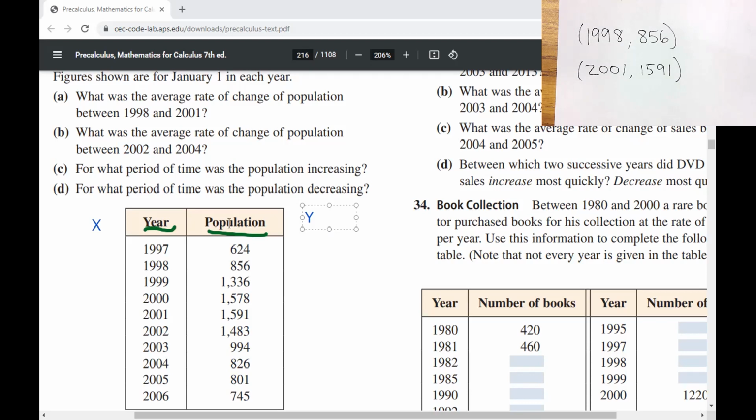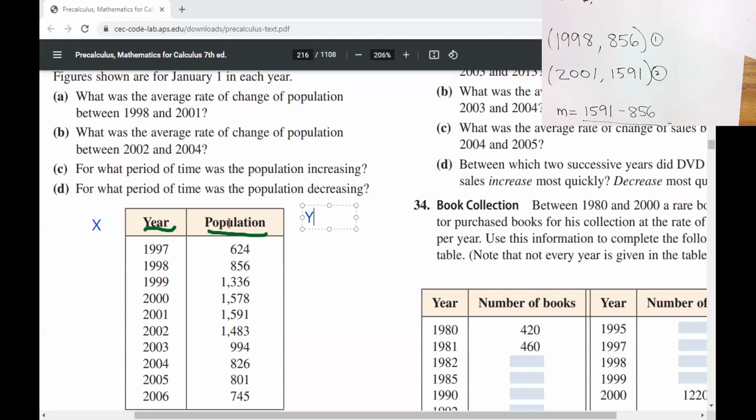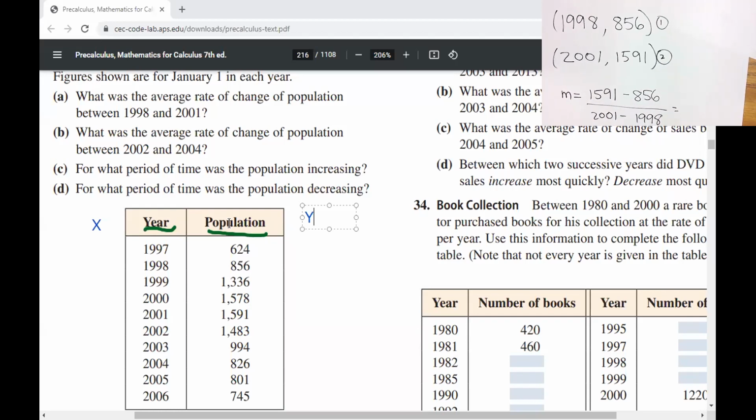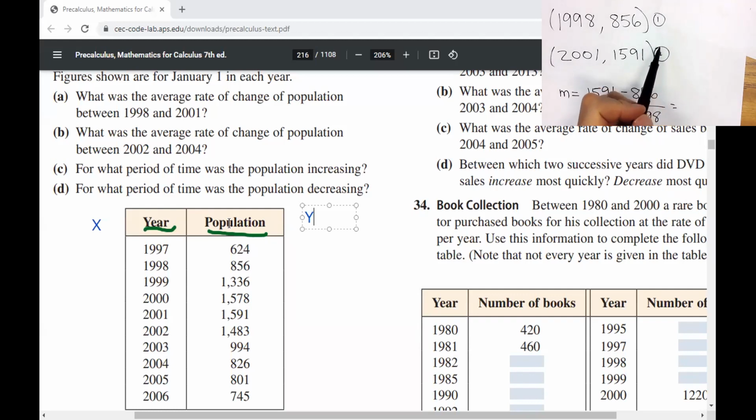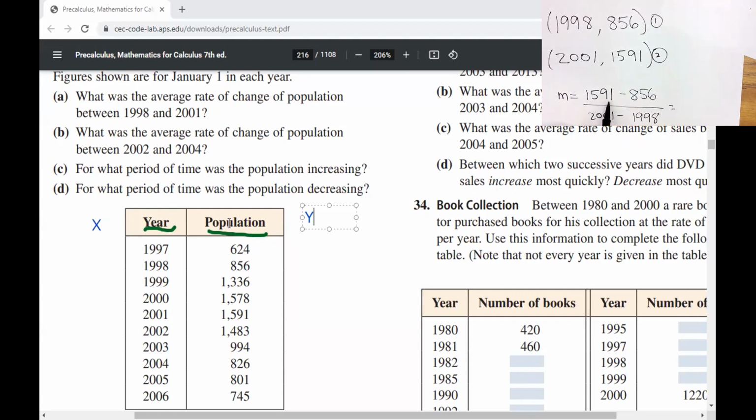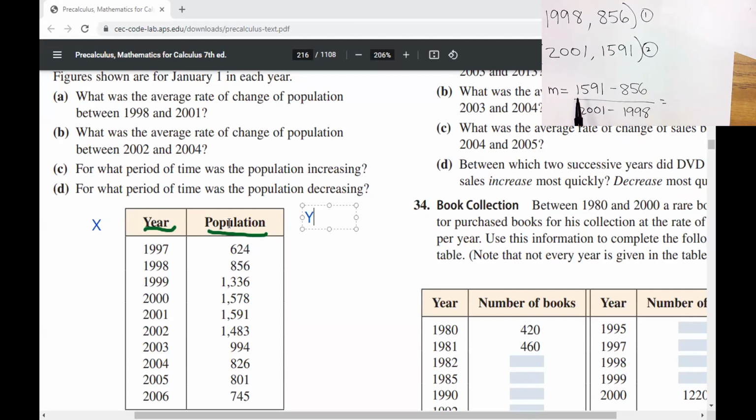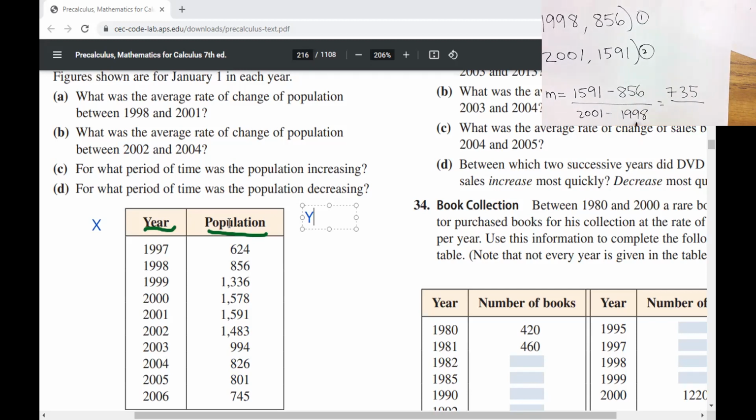So let's take about 2 minutes, not even, maybe even less. And let's look at this problem. So I labeled my points 1 and 2. So Y2 is 1591, Y1 is 856, divided by X2 minus X1, which is 2001 minus 1998. 1591 minus 856 is 735, divided by 2001 minus 1998, that's 3.